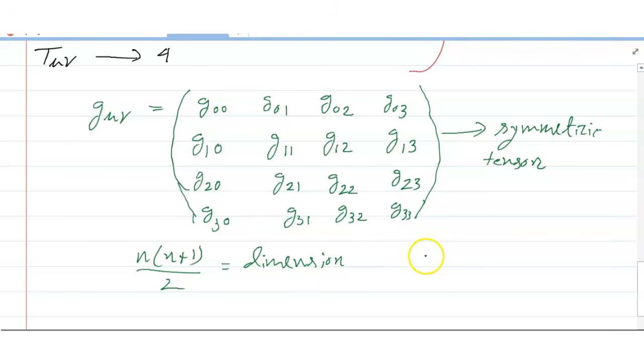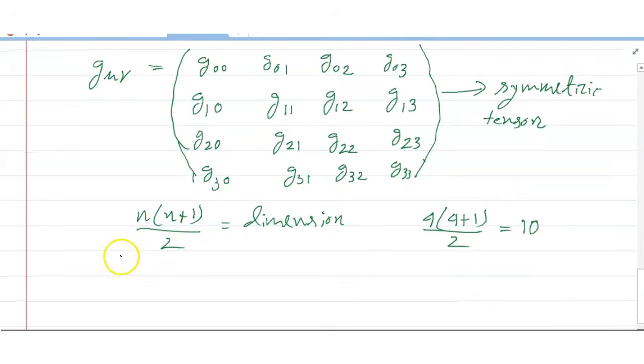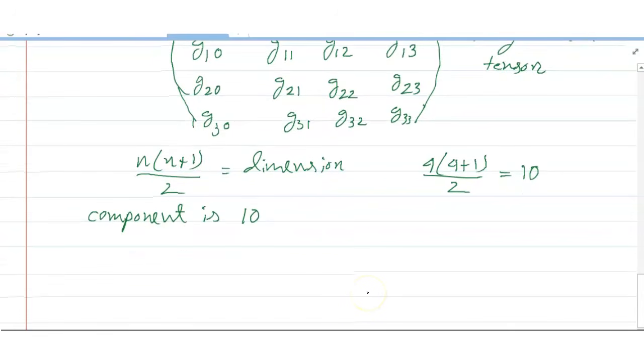So the dimension is 4 into 4 plus 1 divided by 2, which is equal to 10. So we get 10 components. So g mu nu can be represented this way.